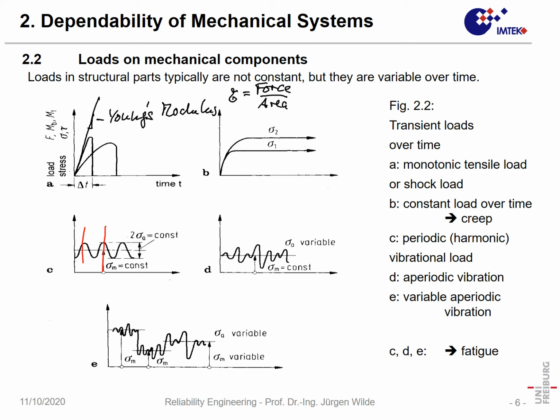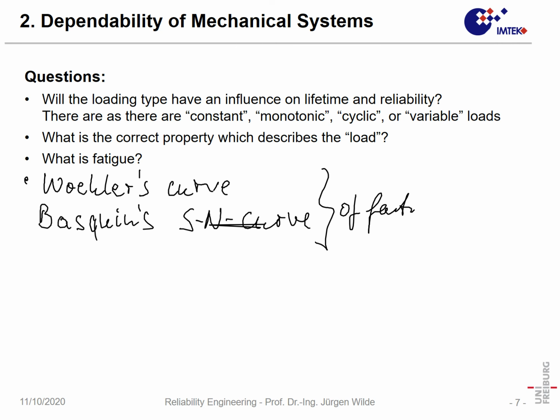Okay, today we will see how to deal with such conditions. The basic knowledge we need to have is the so-called Wöhler's curve or Basquin's S-N curve, and we will see in more detail what that means.